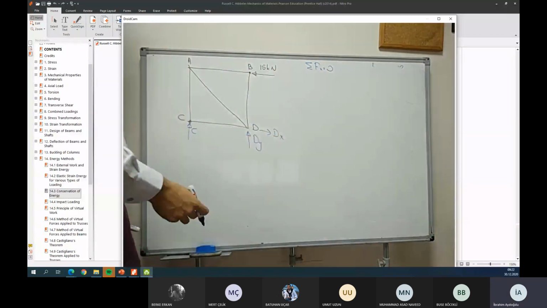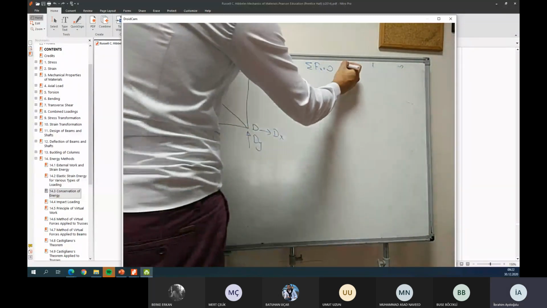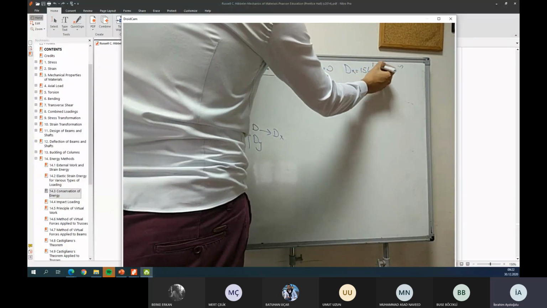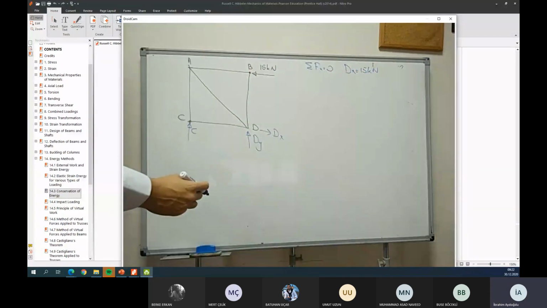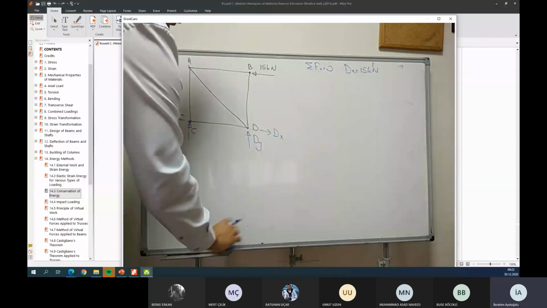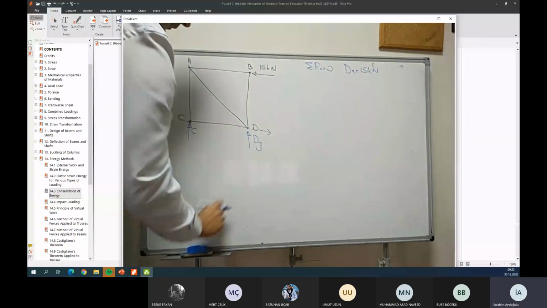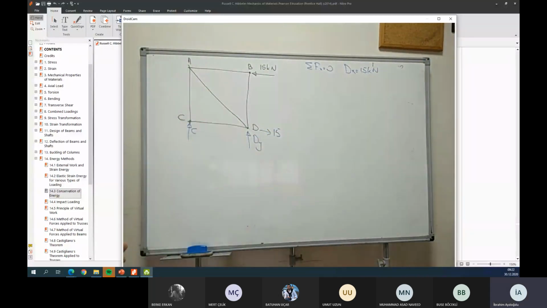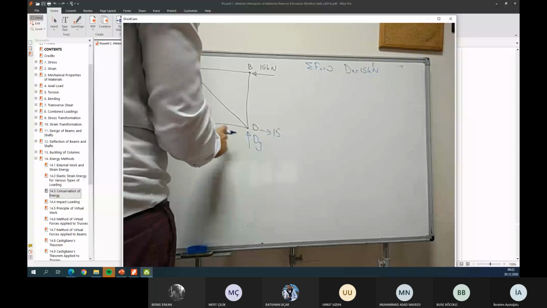We have just two forces. You can see Dx is equal to 15 kilonewton, and I can take it in here. So this is 15. I can write this one.